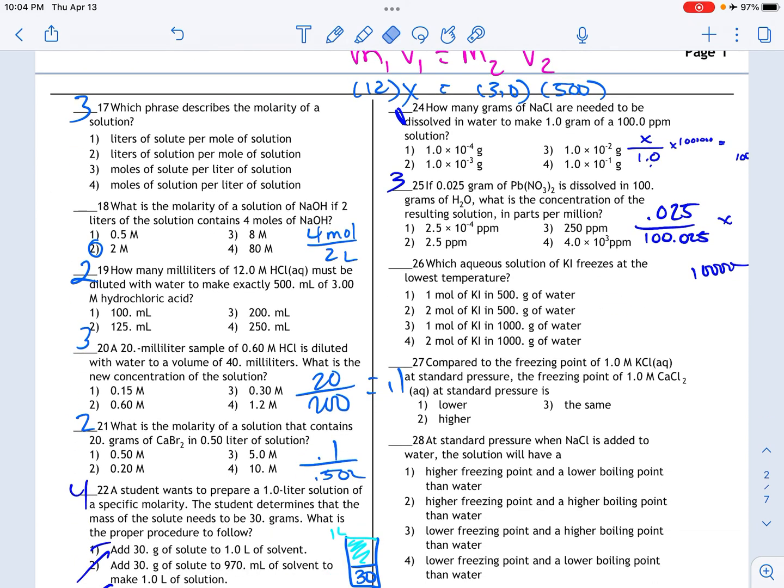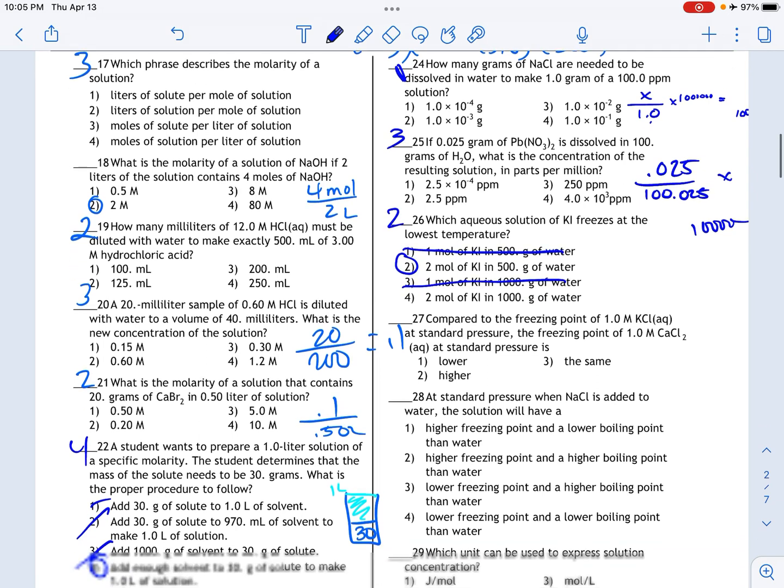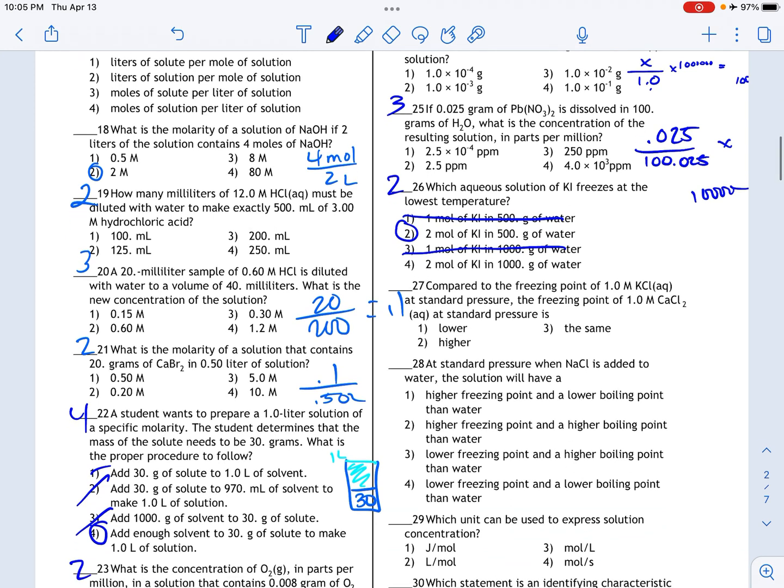Which aqueous solution of KI freezes at the lowest temperature? So remember, you need the most concentrated, so the most moles in the least amount of water. Compared to the freezing point of 1 molar KCl at standard pressure, the freezing point of 1 molar calcium chloride. So now the molarity is the same, so you also need more ions. KCl breaks up into K plus and Cl minus, so that's 2 ions.